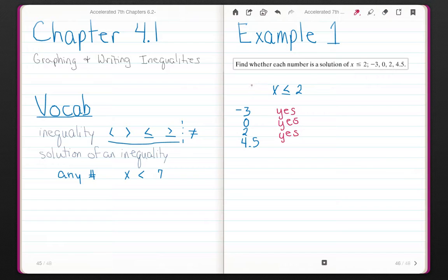Is 4.5 less than or equal to 2? And the answer is no. So, -3, 2, and 0 are solutions of x is less than or equal to 2.